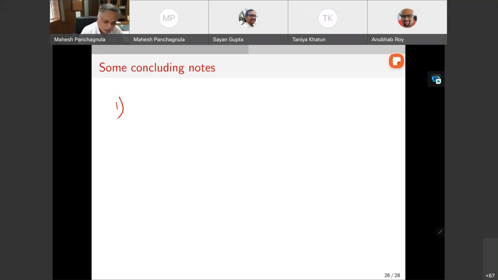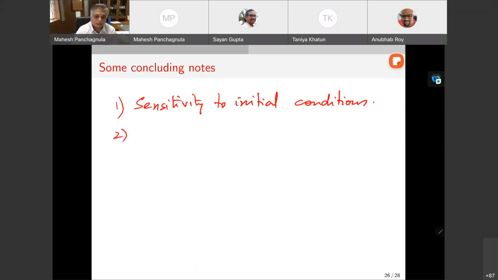The first point I want you to remember is sensitivity to initial conditions. This is a requirement and is sufficient.